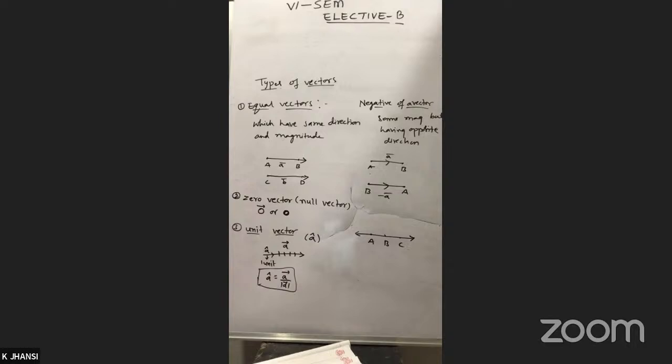We know collinear points: whatever points lie on the same line, we call them collinear points. Similarly here, if the vectors lie on the same line, then those vectors are called collinear vectors.